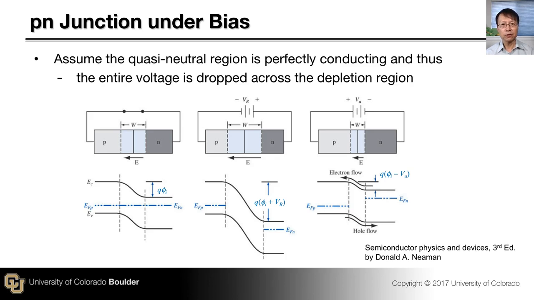Now the diffusion current drives majority carriers towards the other side, so electrons from n to p and holes from p to n, and there are plenty of these carriers. They are majority carriers, so the current is very large. This is really the origin of this asymmetric current behavior, or what we call rectification behavior of the diode, which makes this device very, very useful.